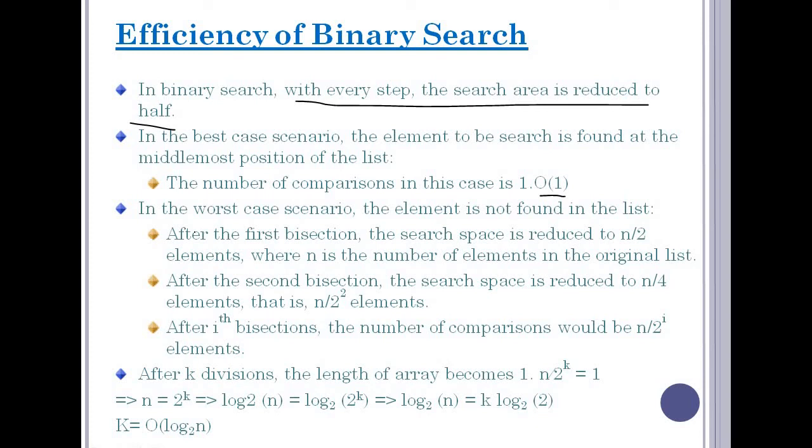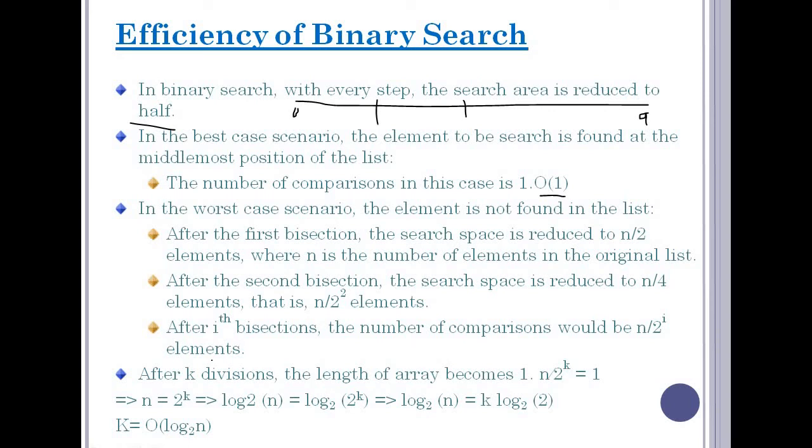In the worst case, suppose the element is not found, so how many comparisons do we have to do in this particular case? Suppose my elements are from 0 to 9, so we will divide the array into two parts, and in every step we are reducing the search area by half. After the second bisection, again my search area is divided into n by 4 elements.